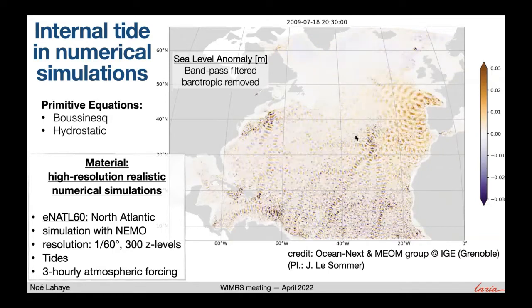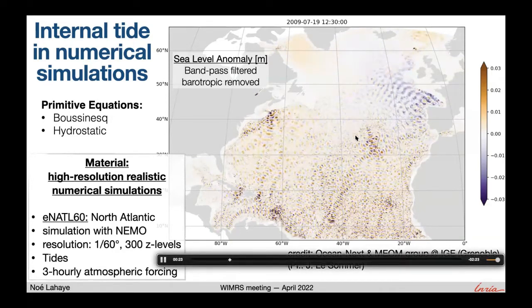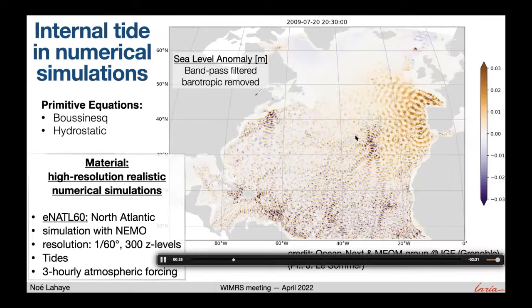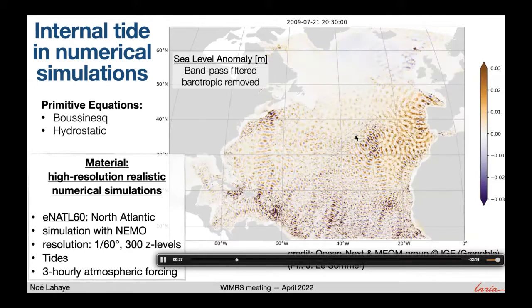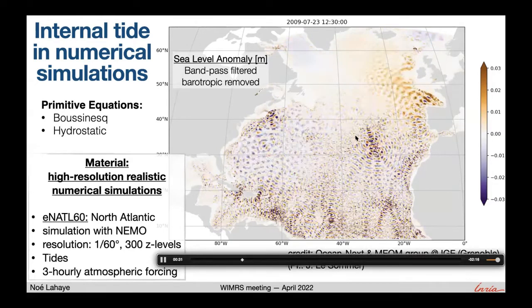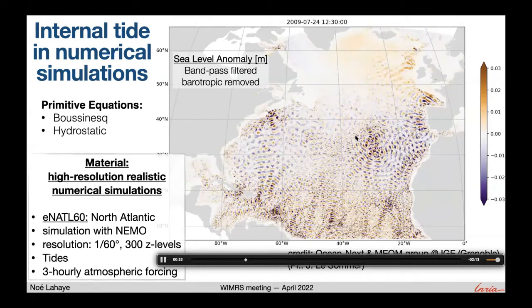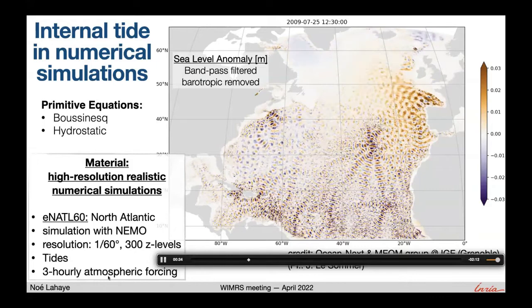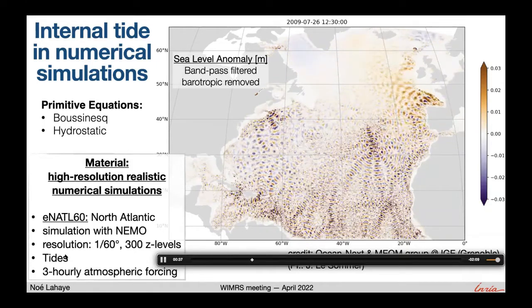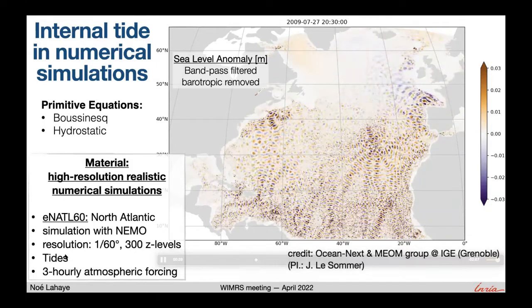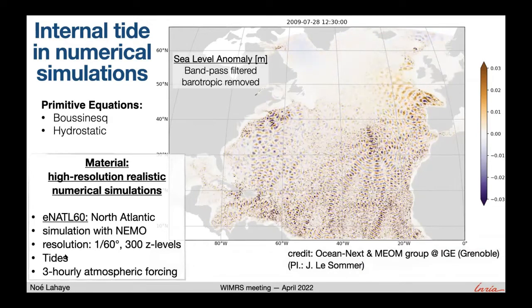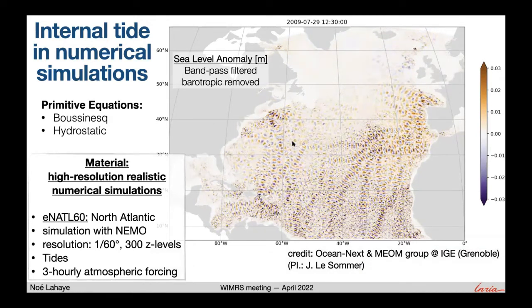This animation, I hope you can see it correctly, shows the pressure perturbation at the tidal frequency, so it's the pressure perturbation induced by the internal tide field. It has atmospheric forcing, tidal forcing, and a realistic topography.